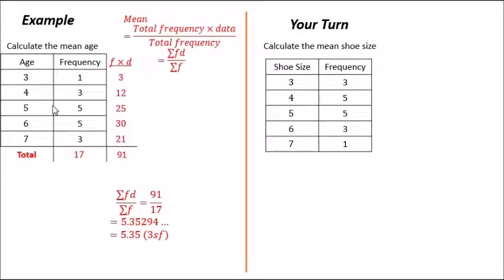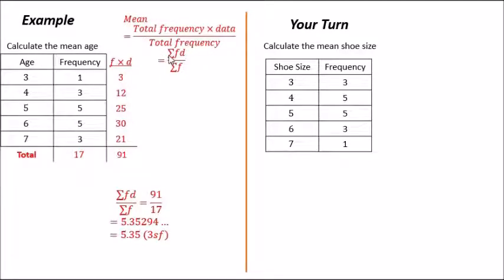The 25 is the sum of all of the data in this row, etc. So if we want to know the total of the frequency times data, that's the total number altogether. So it's a total of all of the ages added together, which is represented by the sum of the frequency times the data. This symbol here means sum, F means frequency, D means data.